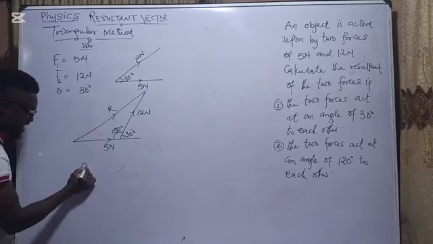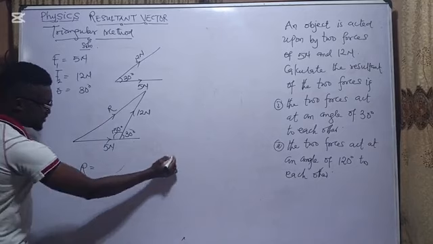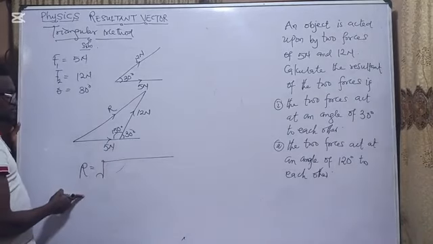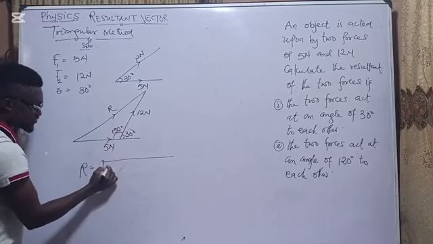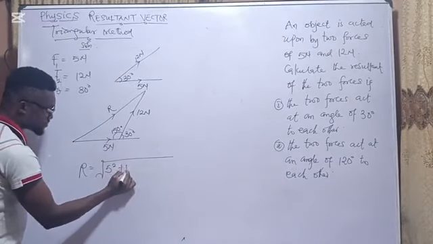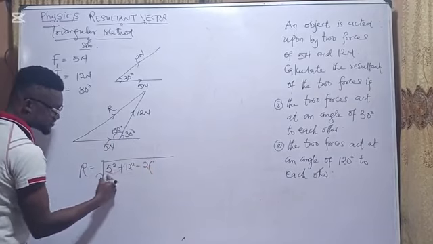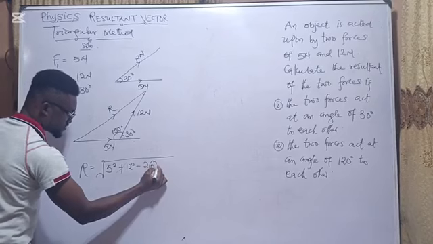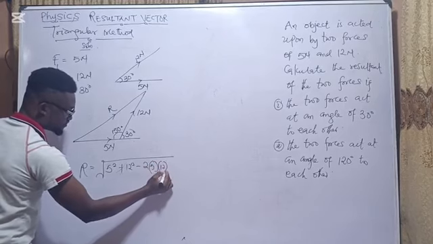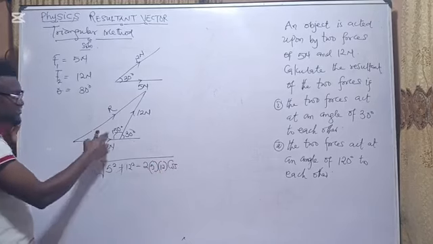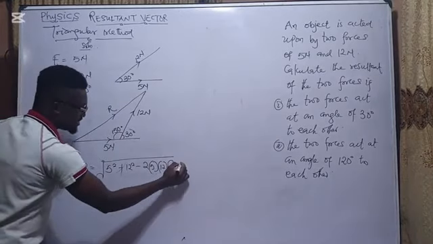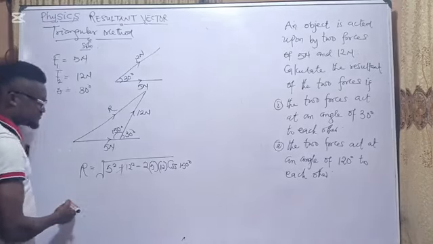So the resultant will now be the square root of the two forces in question: 5 squared plus 12 squared minus 2 times the product of the two vectors, then cosine of the angle inside here, which is 150 degrees.